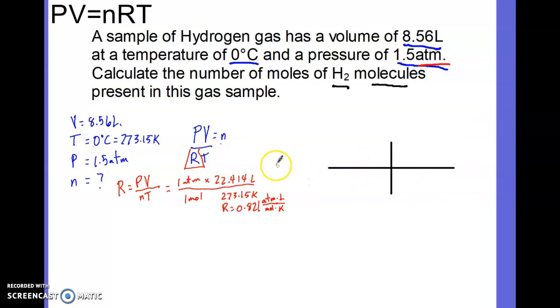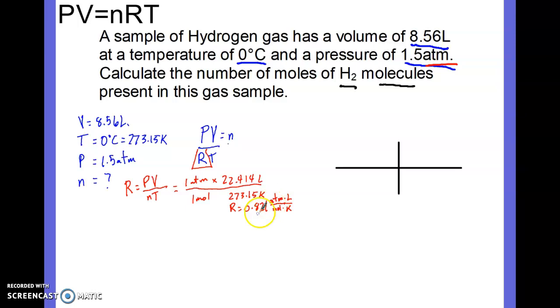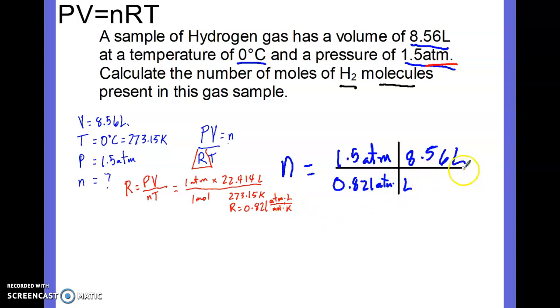Okay, so unknown n is equal to P, which is 1.5 atm, times the volume, which is 8.56 liters, divided by R, which would be, of course, our constant, 0.0821 atmospheres times liters per mole Kelvin.